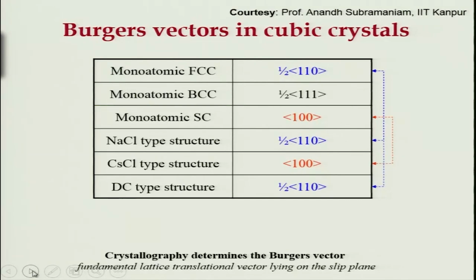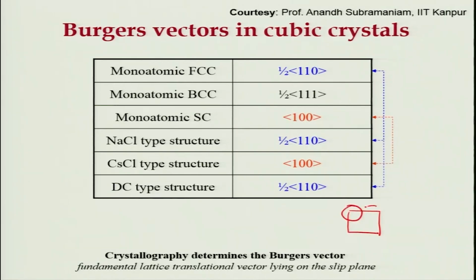And then if you look at the Burgers vectors, the Burgers vector is basically along the slip direction. The slip direction is the close pack direction. Burgers vectors in cubic crystals are defined, for example, if you take monatomic FCC, the 110 direction is the close pack direction. So, if you look at FCC, the face of FCC is this.